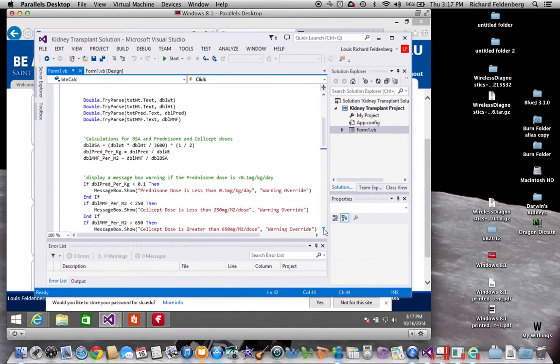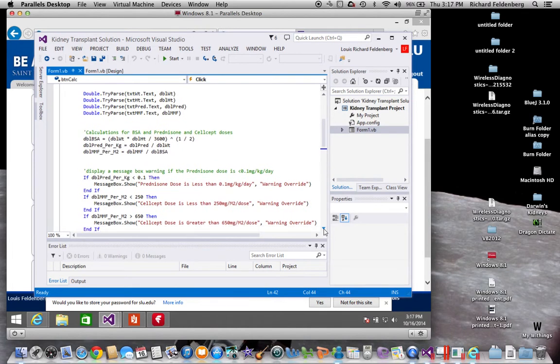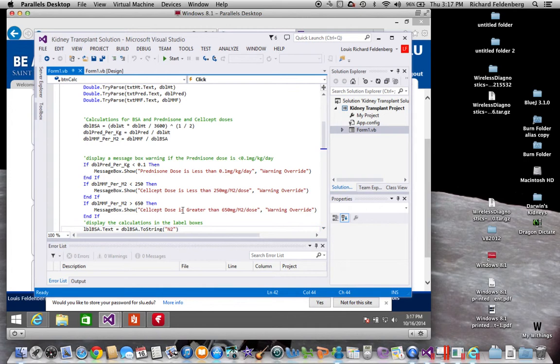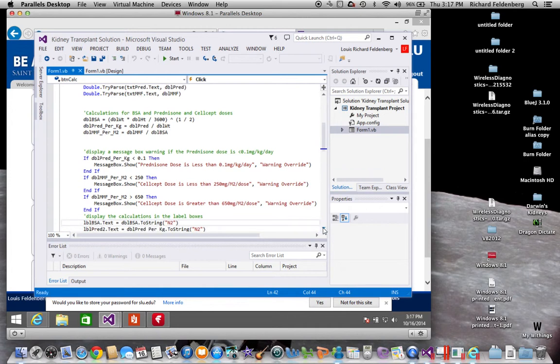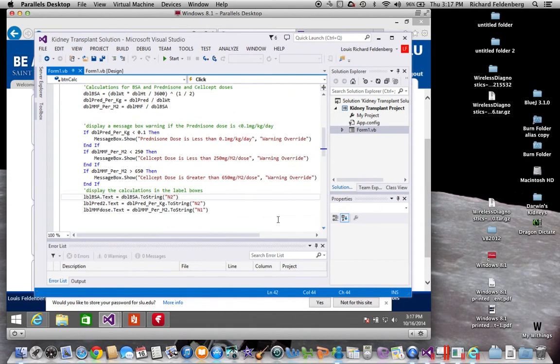These are the calculations that we made based on the information we wanted, and these were all the variables. And I just wanted to show one more thing. This is our message box warnings. So it's if-then statements. And I put the labels with two significant figures after the decimal place for the BSA, body surface area, and the prednisone, because that is sort of what we need.